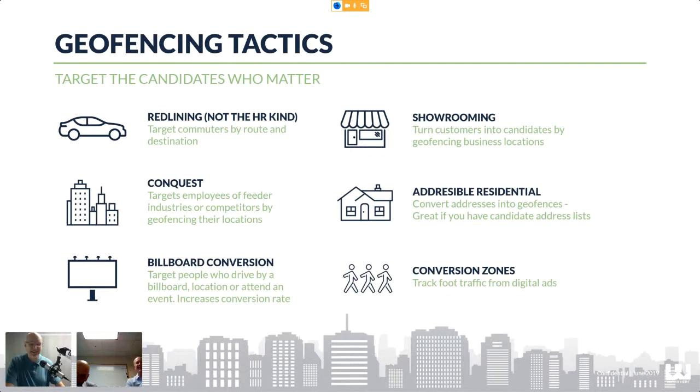Yeah. Nice. So the final tactic we use a lot in recruitment with geofencing is conversion zones. One of the problems I think everybody in recruitment marketing has is, how do we measure the foot traffic that all these digital ads we're doing actually create? In conversion zones, we geofence the facilities where people are going to come in and interview, and we can tag their phone and see if they showed up.